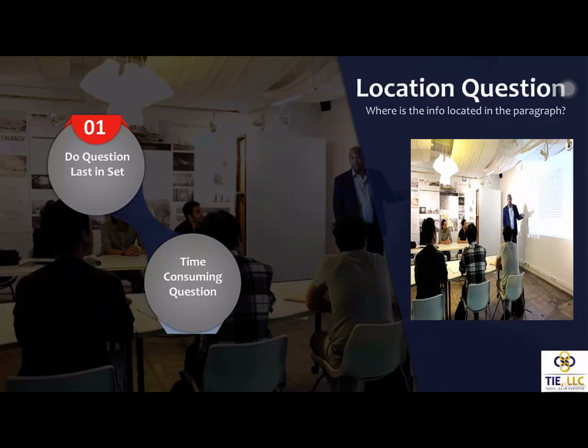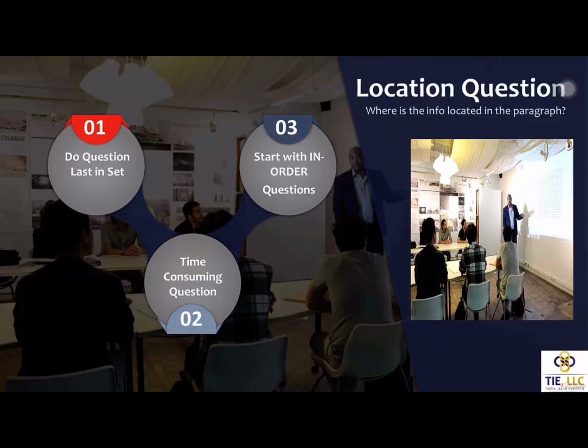So this is a difficult question, a time-consuming question. So I'm always going to recommend that you do it last. Very often in a reading passage, let's say you're doing reading passage number 2, the paragraph location question is going to be mentioned first in the question set. For example, the paragraph location question might be questions 15 to 19.